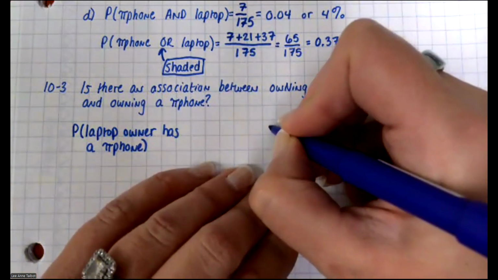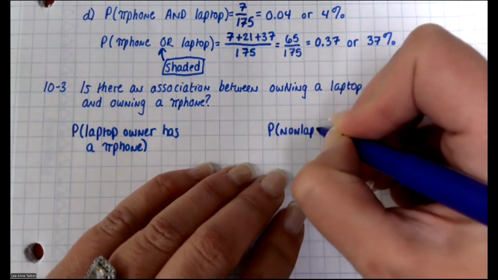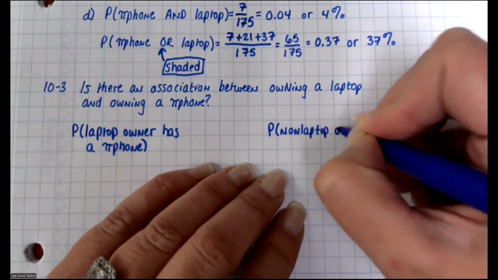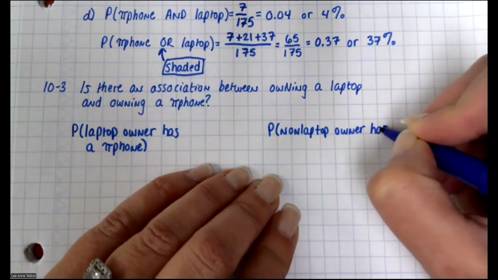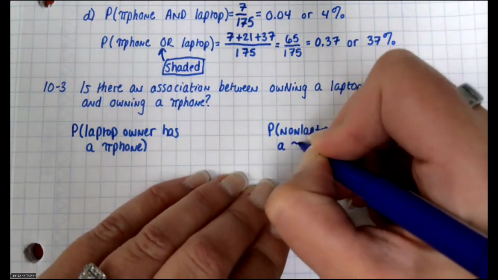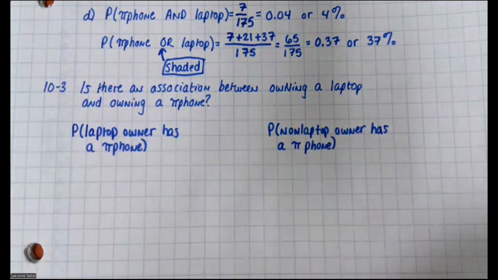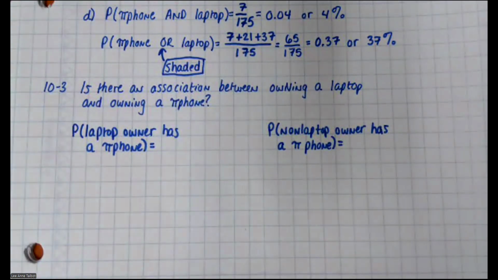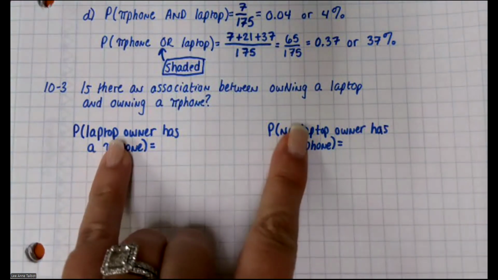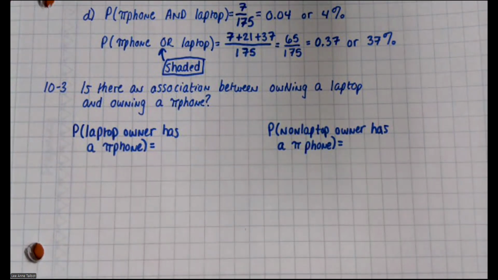And we're also going to ask, what's the probability that a non-laptop owner has a Pi phone? And we're just going to see if there's any difference between owning a Pi phone if you own a laptop or if you don't.